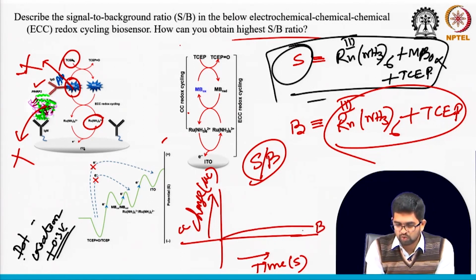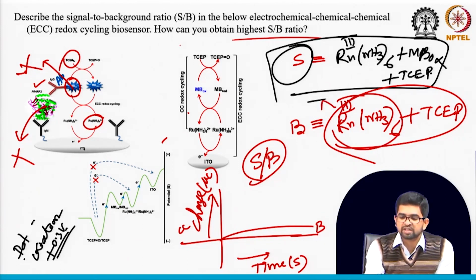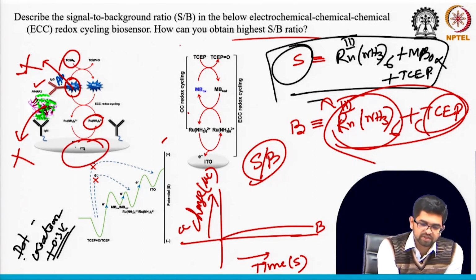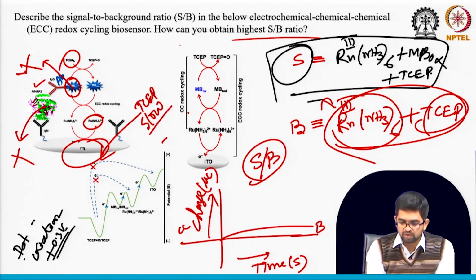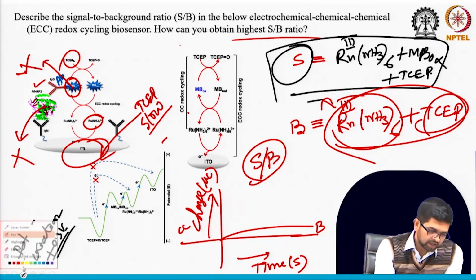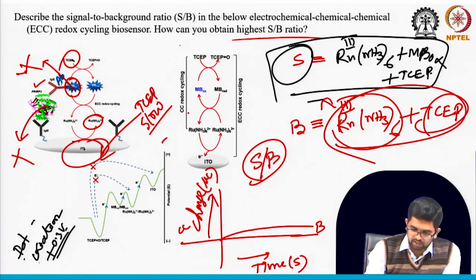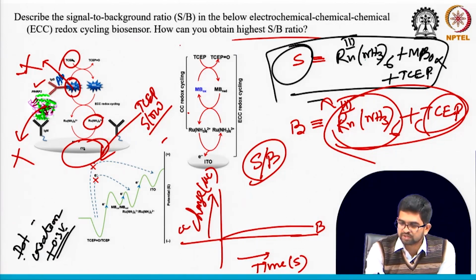Why are you getting such a low current? Because ruthenium hexamine 3+ is already the oxidized form, and T-cell is not reacting very fast on the surface. So T-cell reacts very slowly on the surface, and that's why you will get very low background current. Clear? And your signal will be ruthenium hexamine 3+, methylene blue oxidized, and T-cell.